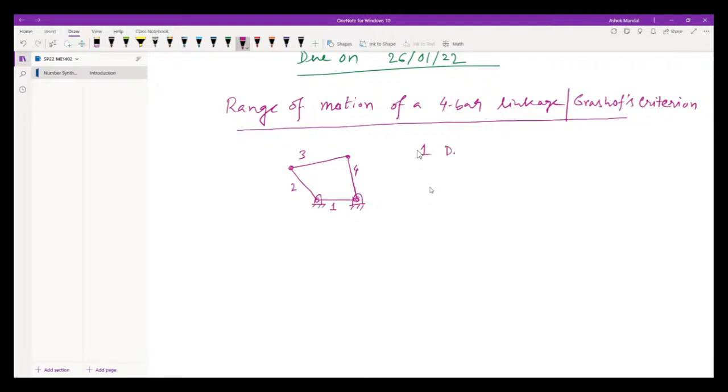Double crank, second is crank rocker, and third is double rocker. These three kinds of inversion we get from this four-bar mechanism. What do you mean by double crank?